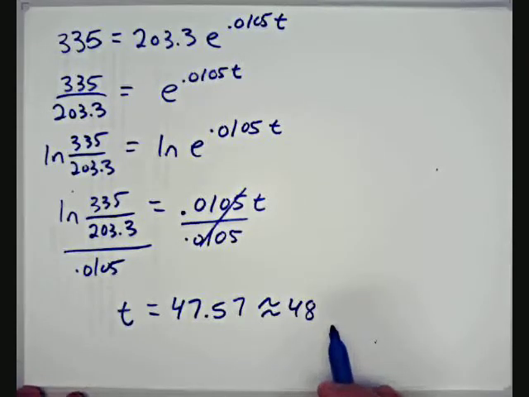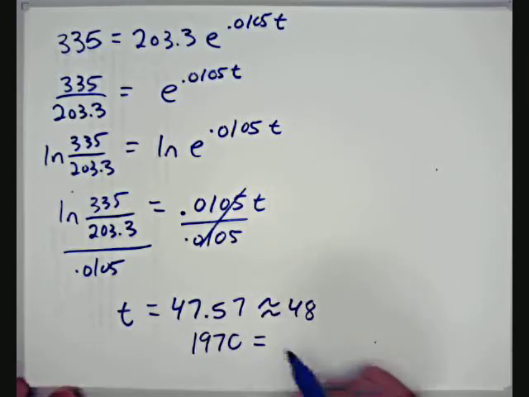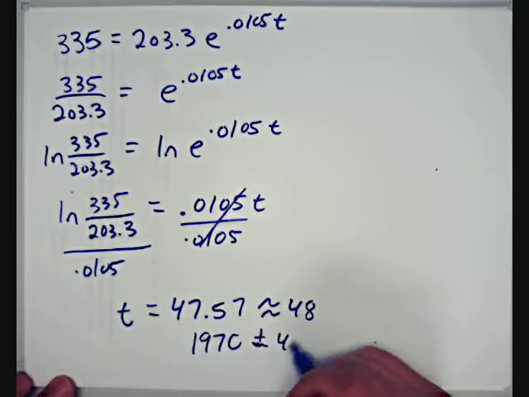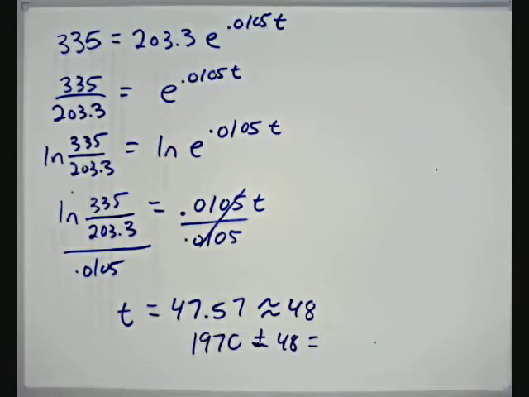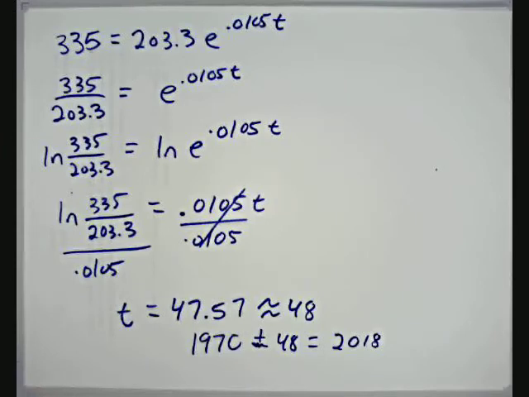So 48 years go by. Our starting year is 1970. If you add 48 years to 1970, that gives you a year of 2018. So in the year 2018, we would expect the population of the United States to be 335 million.